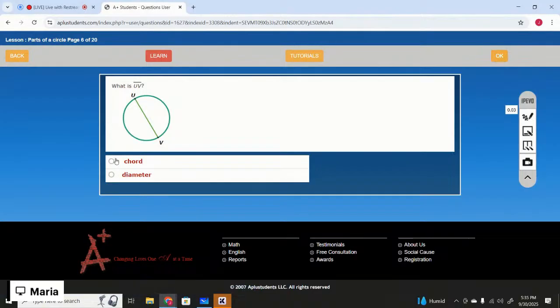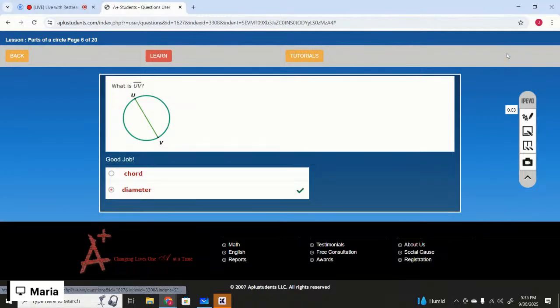UV is the diameter of the circle. The correct option is diameter.